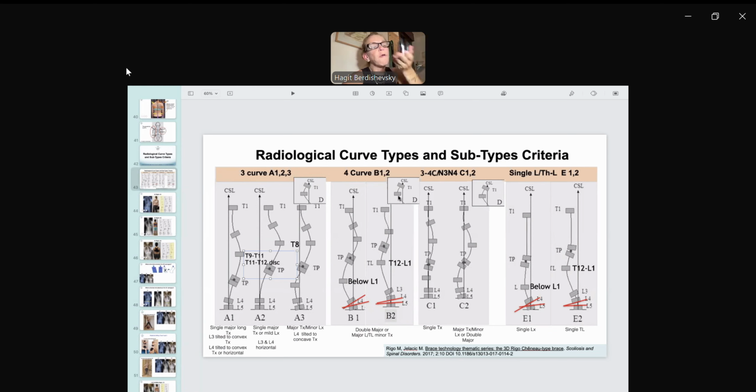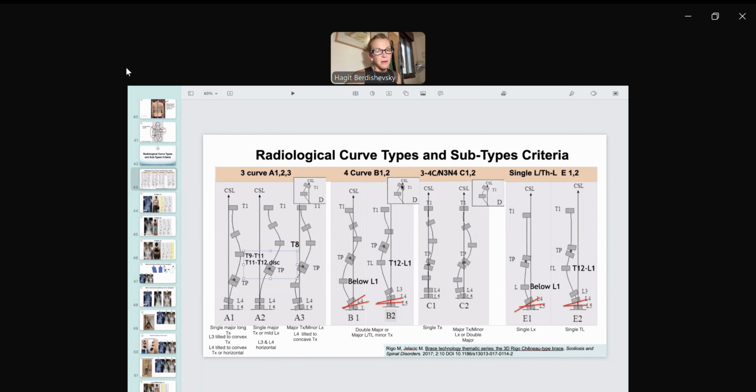Almost there is no room to fit a third curve or a fourth curve, we can say upper thoracic. But it may exist. Then it's not easy to manage.